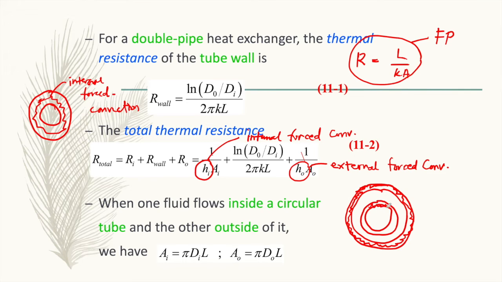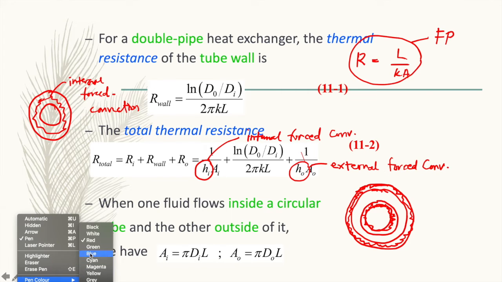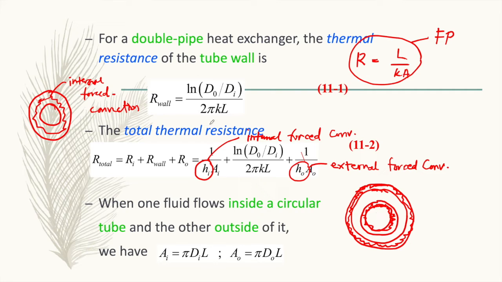We have two tubes, one inside the other, with a thickness. For Di, you will not calculate the area at this point. I changed the color to make it more presentable.